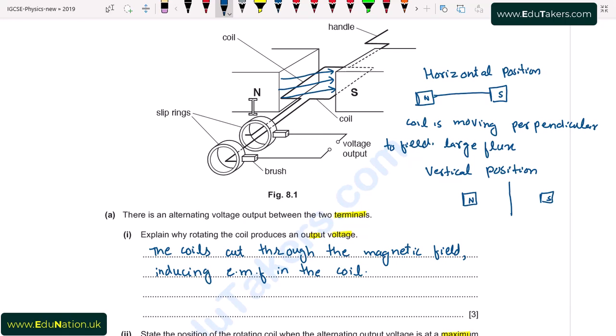So there will be no cutting of magnetic lines of force, or the flux in this case will be equal to 0. So there will be no generation of induced EMF in the case of vertical position. So the flux, represented by phi, is equal to 0. But here flux is maximum.